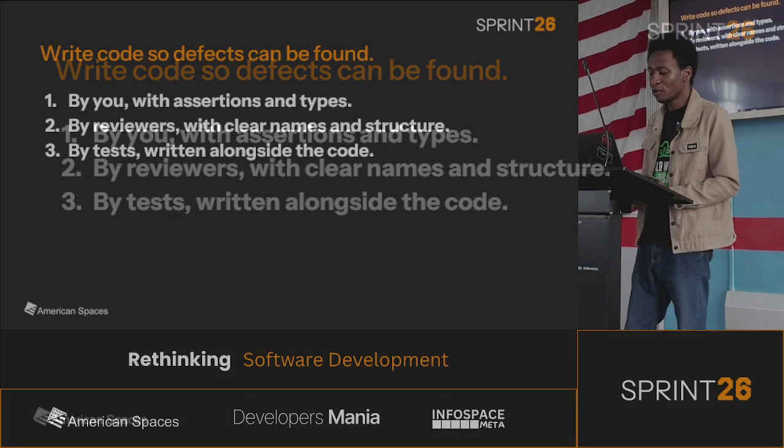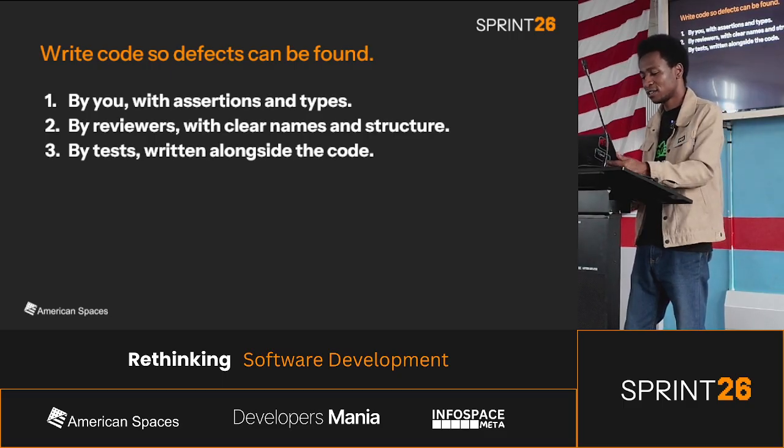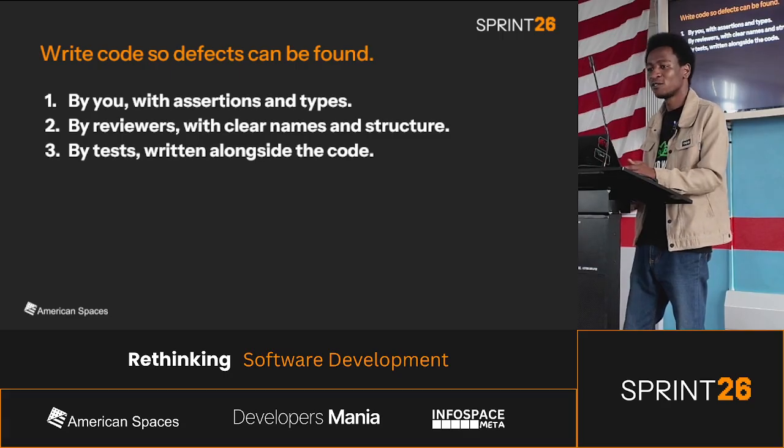And this is as simple as writing types, if you are using JavaScript, types and assertions, clear names and structure, tests written along the code. So things like test-driven design are going to help you when you're trying to verify your program. So use types, use assertions and things like that.